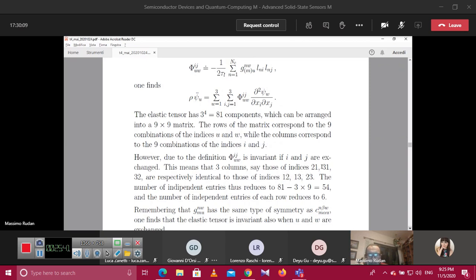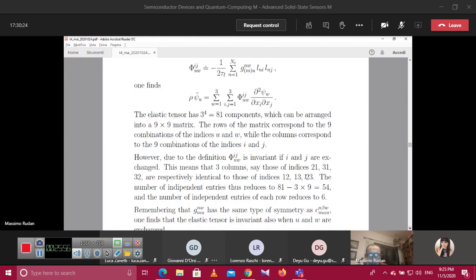And similarly, column of indices 3, 1 is identical to column of indices 1, 3. And finally, column of indices 3, 2 is identical to column of indices 2, 3.